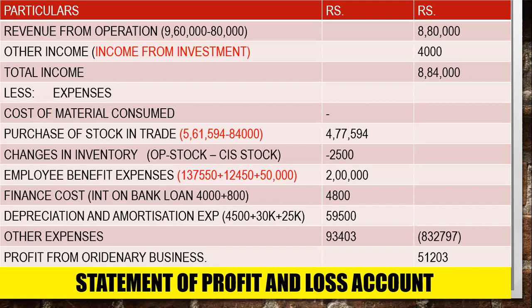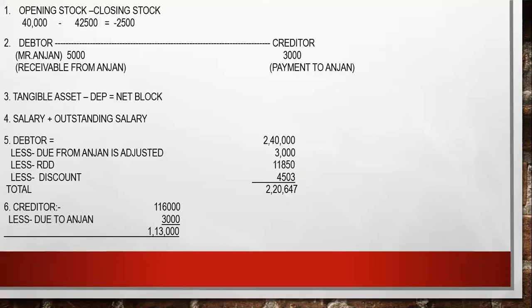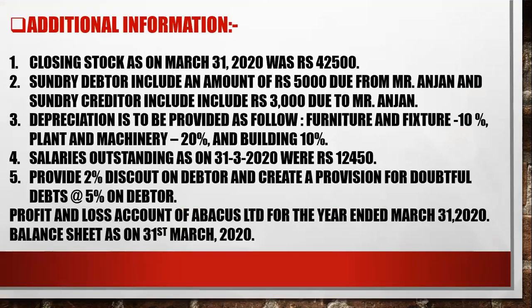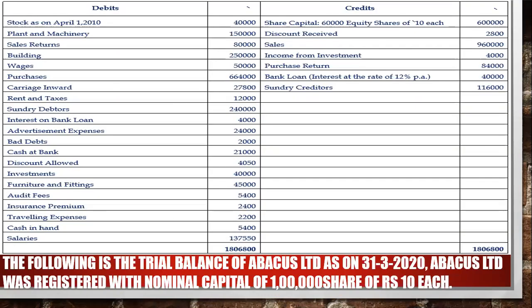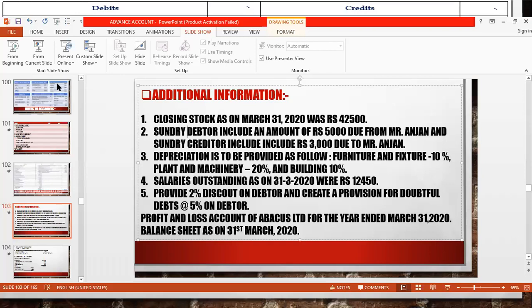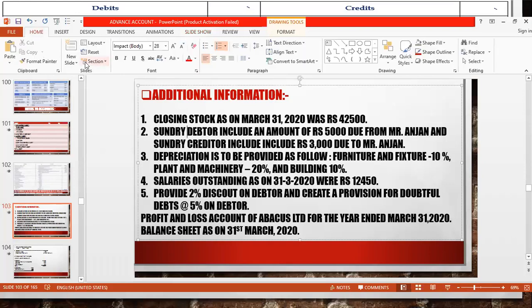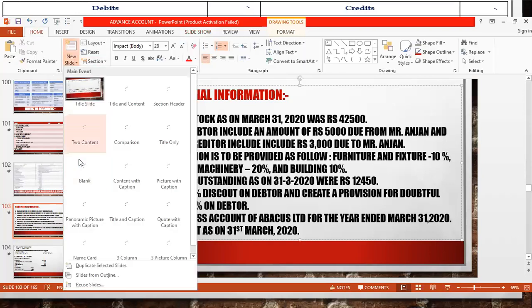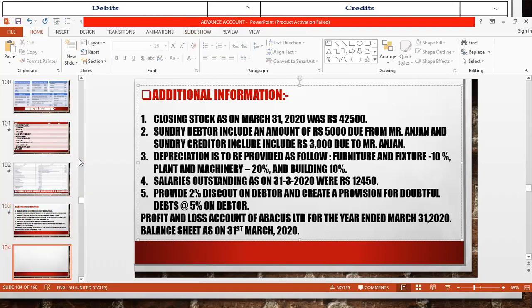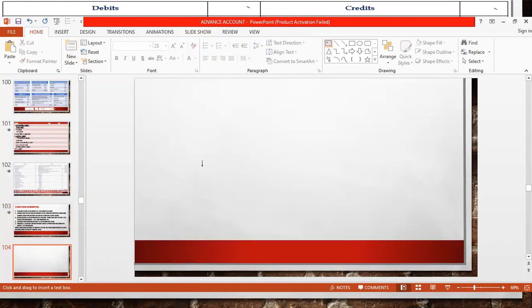Everyone got the total 93,403? No? Calculate. Okay, we'll total it once. We'll show you the other expenses, how you have to add other expenses.